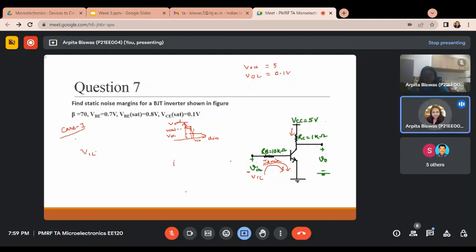Now tell me the loop: VIL minus IB minimum RB minus VBE equal to 0.